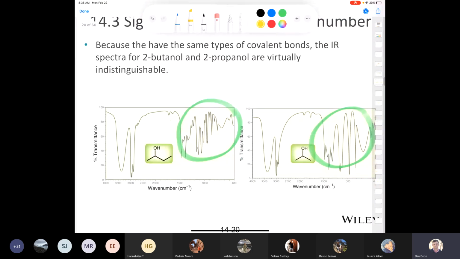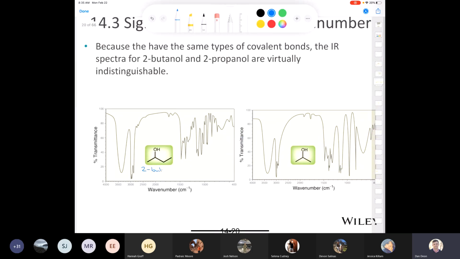If you look at these two spectra here, we have 2-butanol, so that's this compound here, and we'll worry about that name later on, and we have 2-propanol. If you draw a line at 1,500, so around here, and you look at the left-hand side of the spectrum, the diagnostic part of the spectrum, you see that they look pretty darn close.